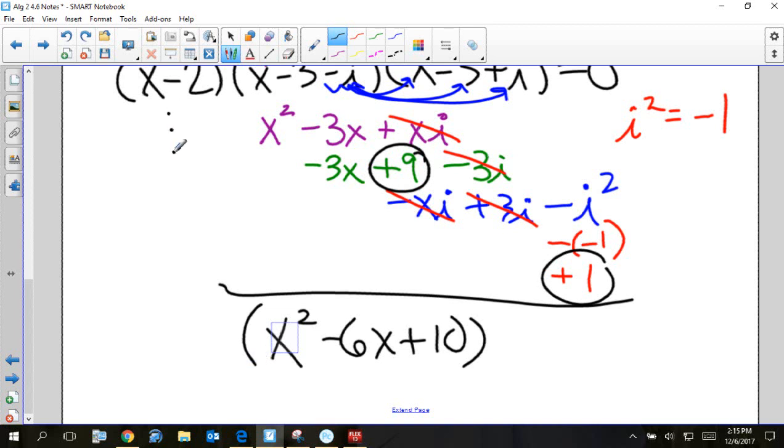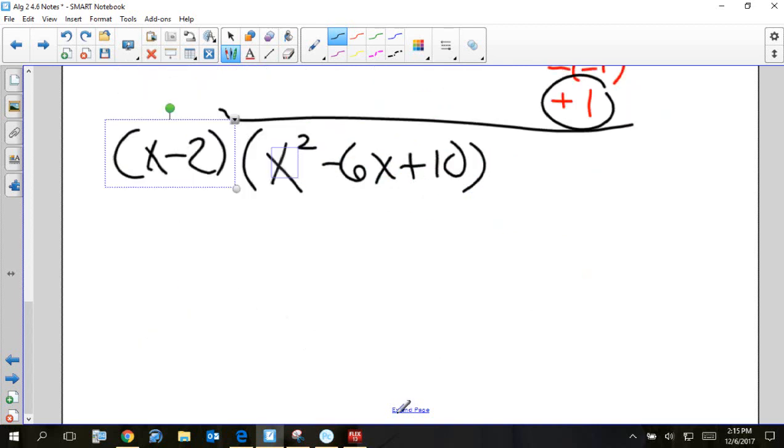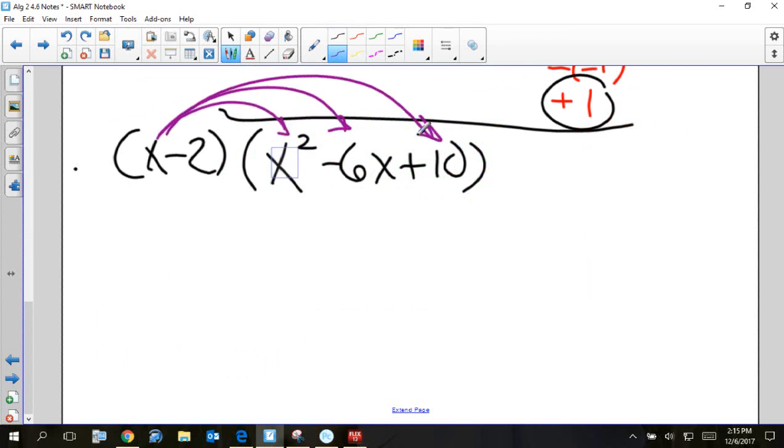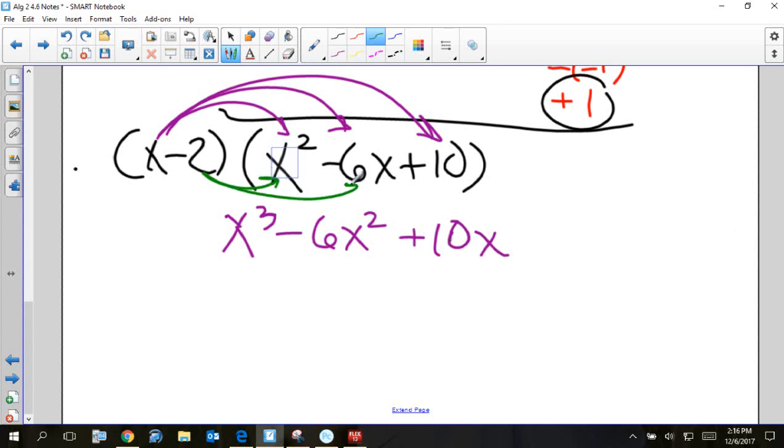And that looks a lot nicer than it did before. But we still have that x minus 2 out front to bring down. And then we will distribute again. So this time I'm going to multiply x times everything. When you multiply 1x by everything, it's really easy because you just change the exponent. And then I'll multiply my negative 2 times everything. Just watch your signs.